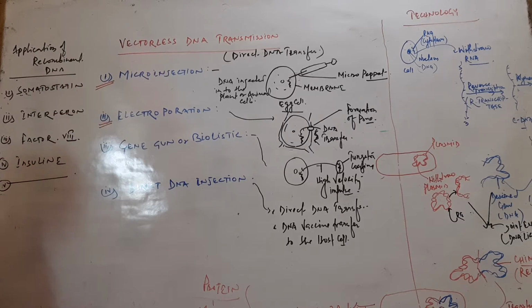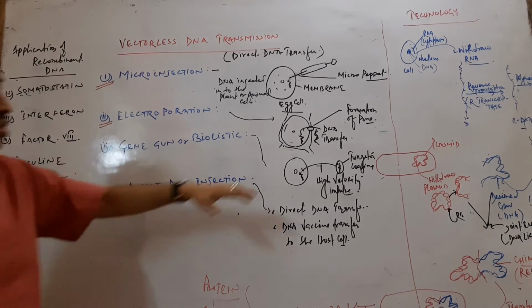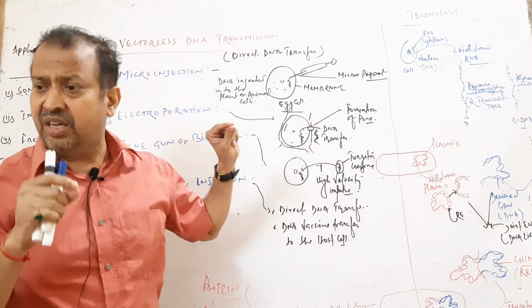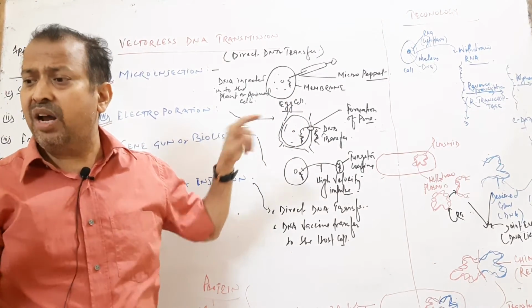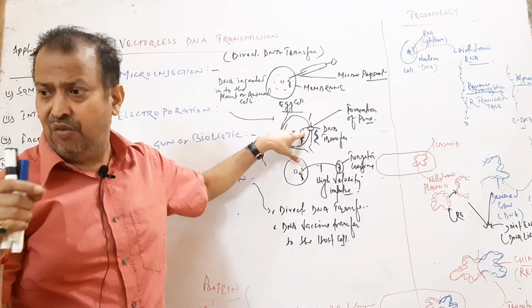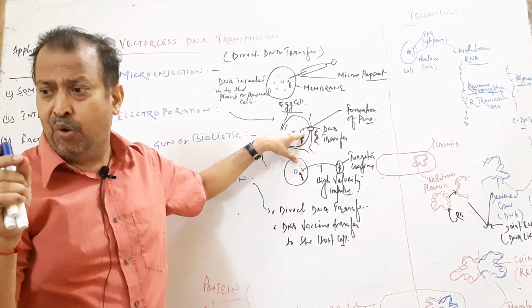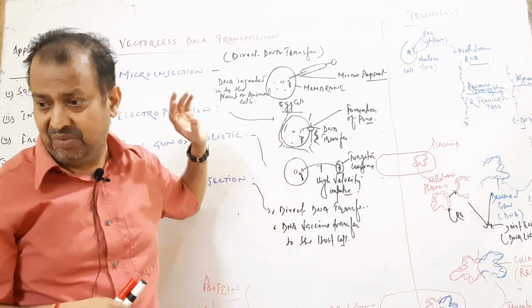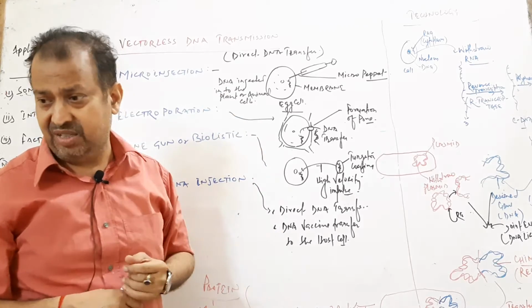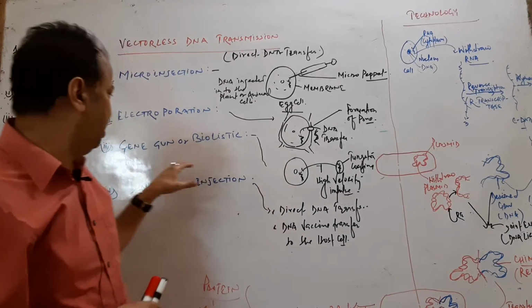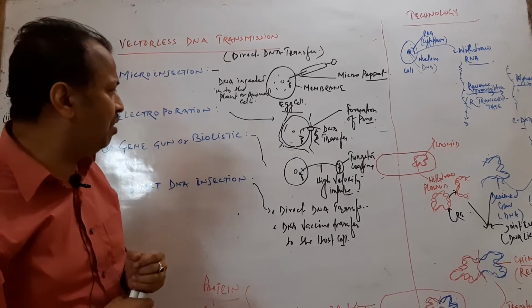Another one is electroporation. In electroporation, we form a pore over a local area of the cell membrane or cell wall, and then we enter the genetic material into the cytoplasm or nucleus through it. The third one is the gene gun or biolistics.